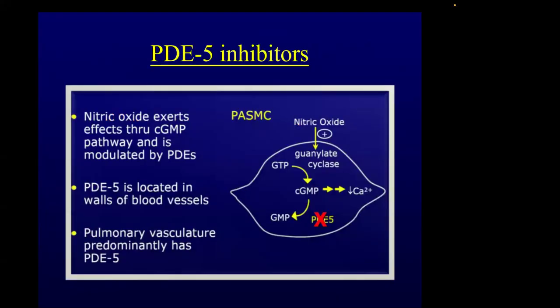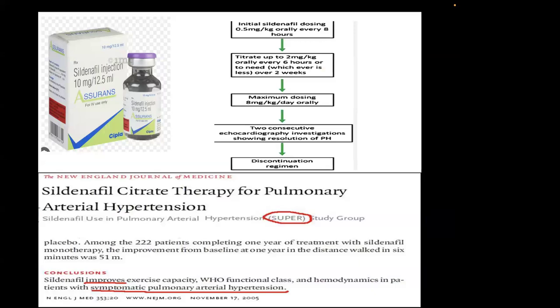Phosphodiesterase 5 inhibitors: nitric oxide exerts its effect through the cGMP pathway, which is modulated by phosphodiesterase. Phosphodiesterase 5 is located in the walls of the blood vessels, and the pulmonary vasculature predominantly has phosphodiesterase 5. This is the dose.